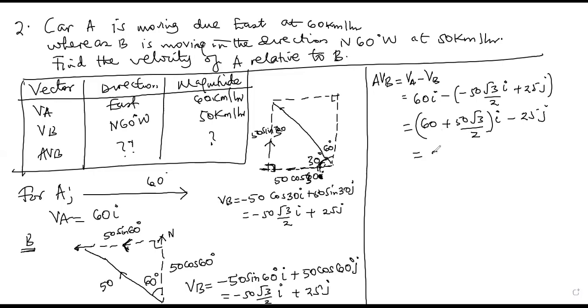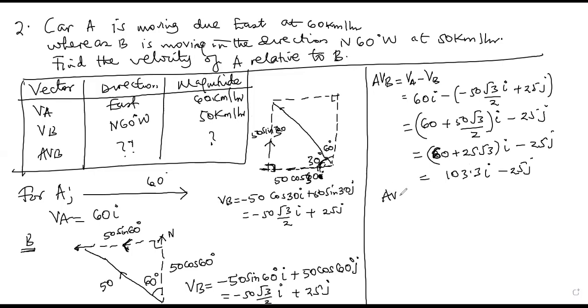So this is 25 root 3, so this is 60 plus 25 root 3 i minus 25j. This one, 60 plus 25 root 3 will be 103.3i minus 25j. That is my AVB, but it must have the magnitude.